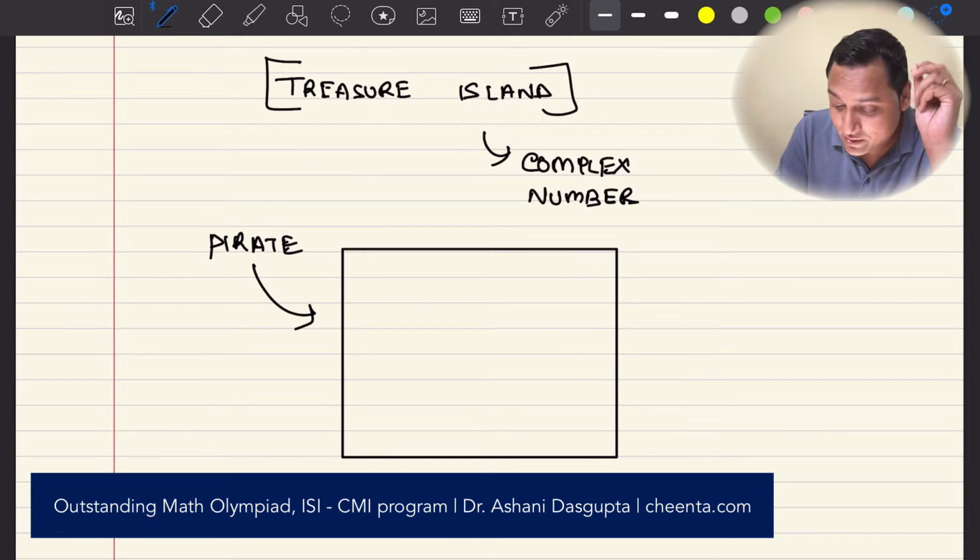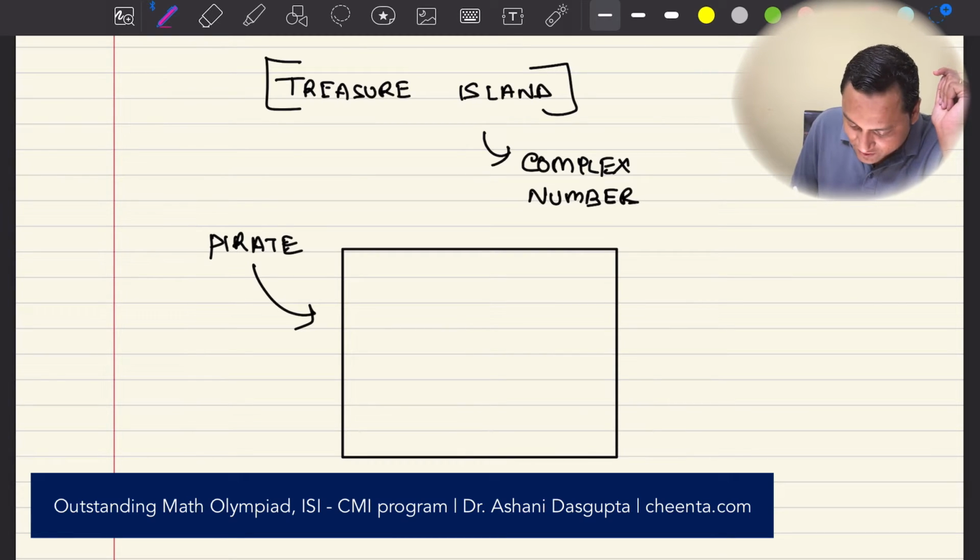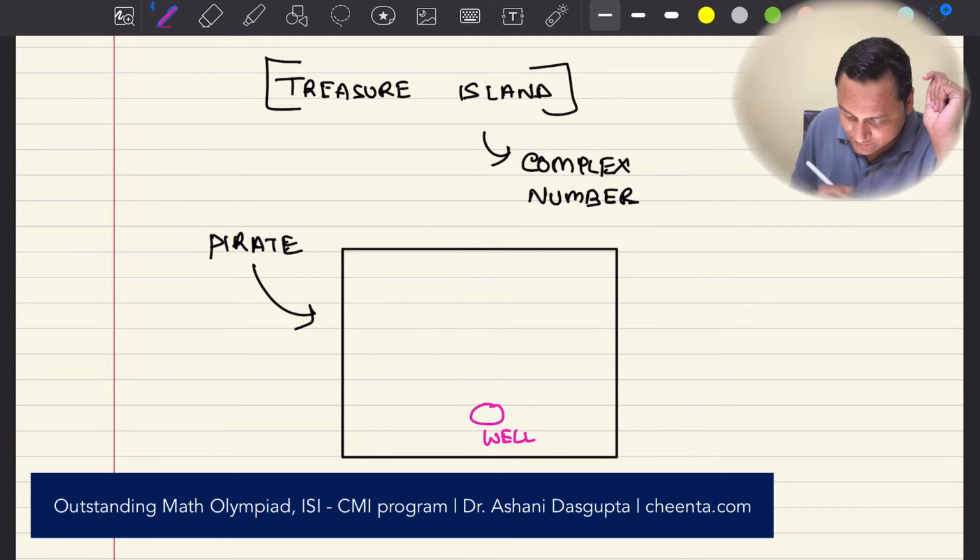So what is the map? The map is like this, that there is a well in the island and there are two trees. So let's say tree 1 and tree 2.